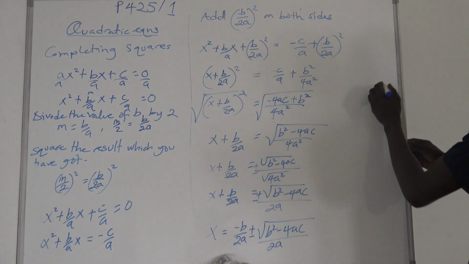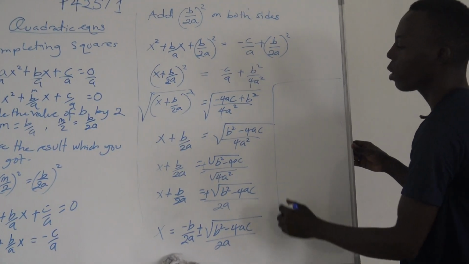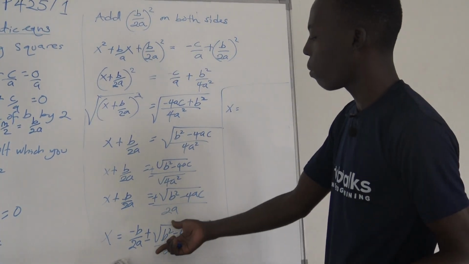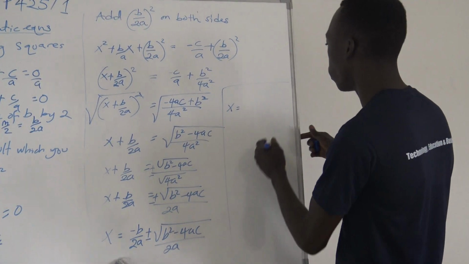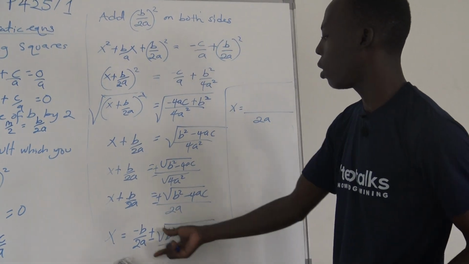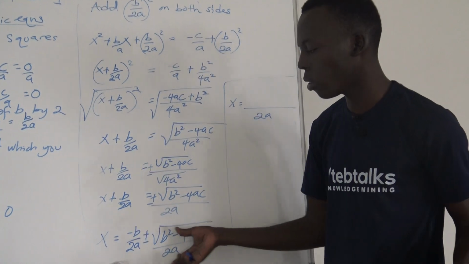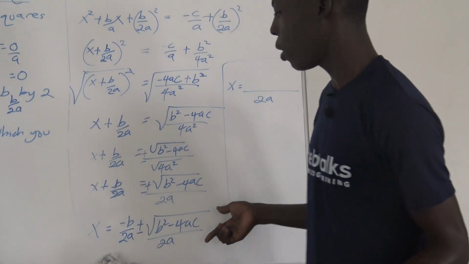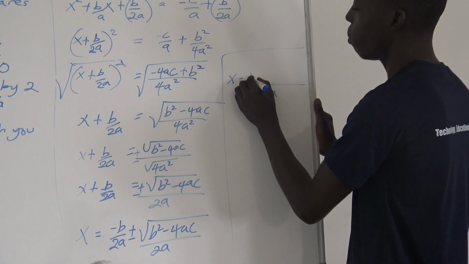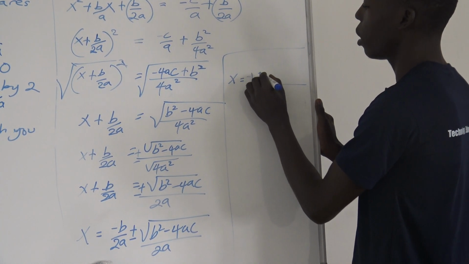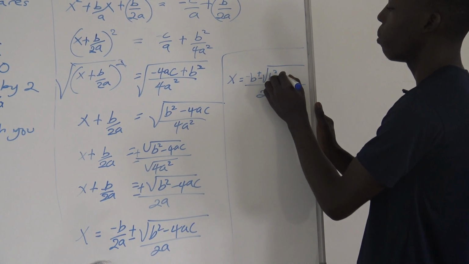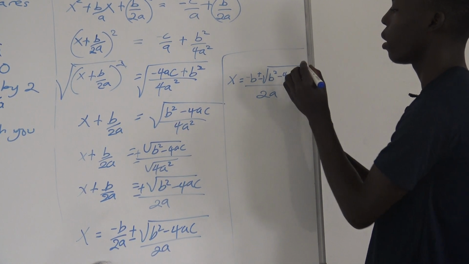So our x equals, we write the LCM, which is 2a, and since the LCM is the same, we just write the numerator, which is negative b plus or minus root of b squared minus 4ac.